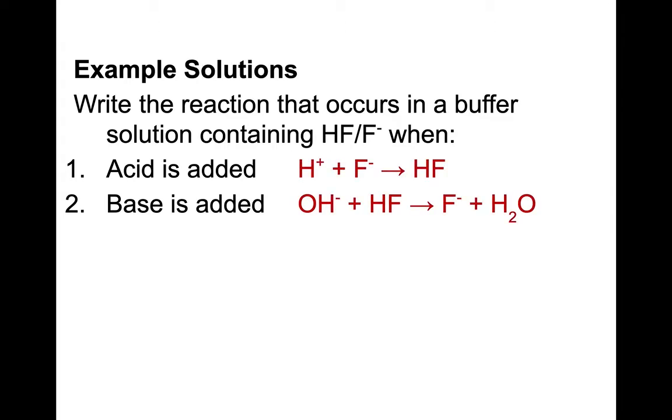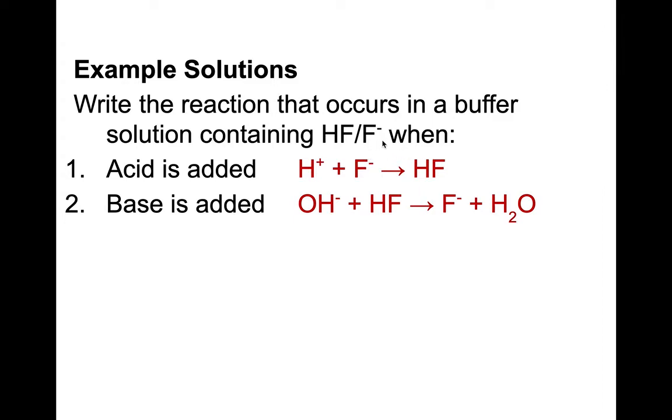Here's what happens. When an acid is added, the hydrogen ions from the acid react with the conjugate base in the solution, the fluoride ions, to make more hydrofluoric acid. So instead of these hydrogen ions going towards increasing the pH, they're reacting with our buffer solution to make more of this compound.